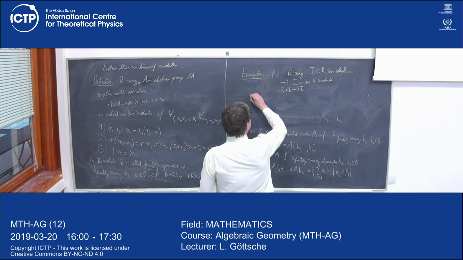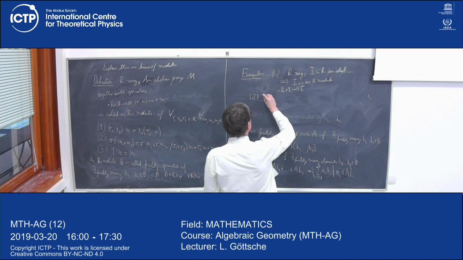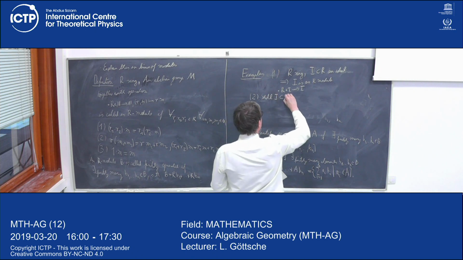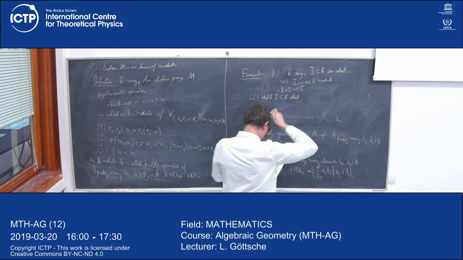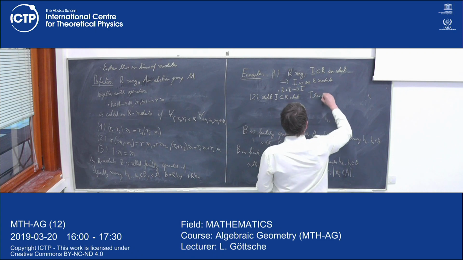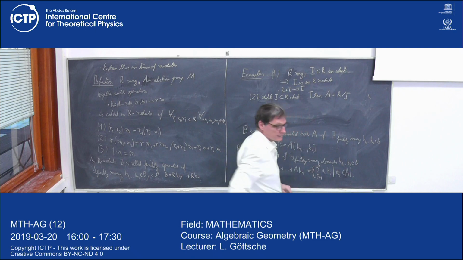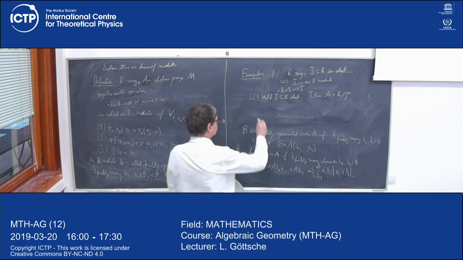In the same way, if I in R is an ideal, then if I take A equal to R mod I, the quotient ring, this is also a module.